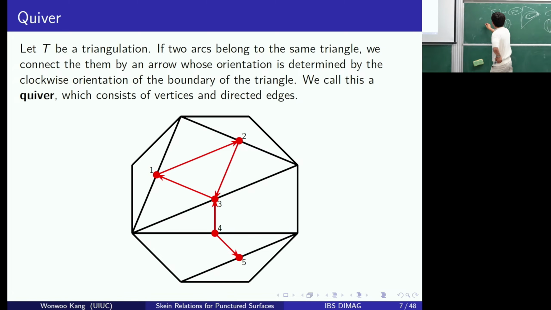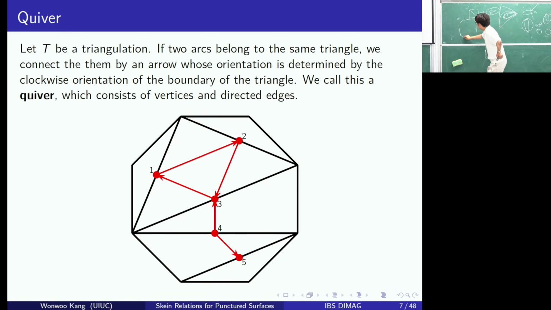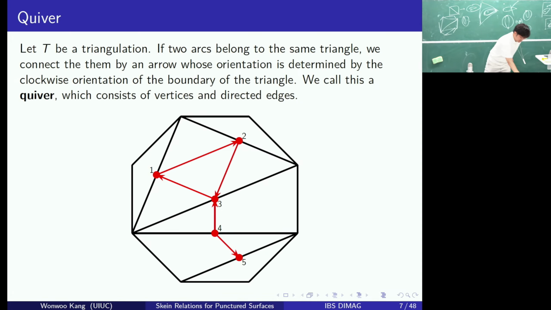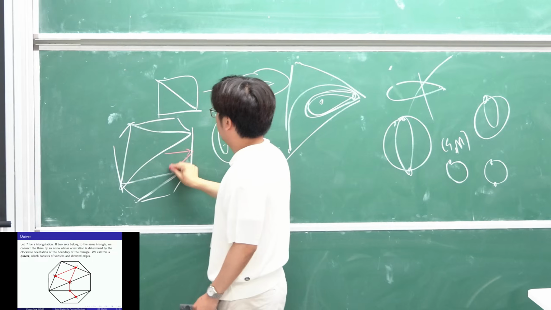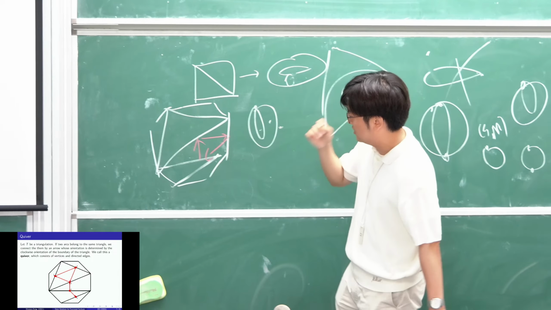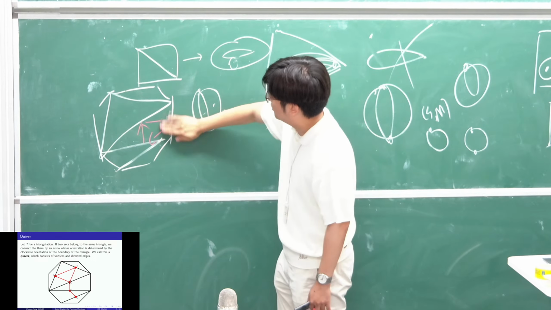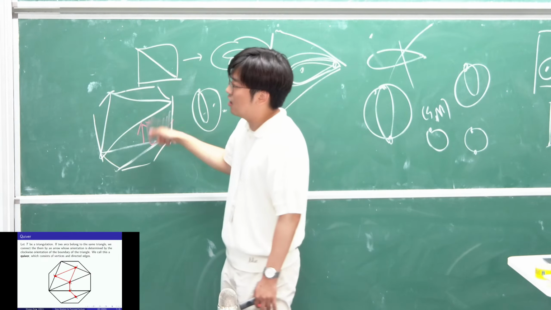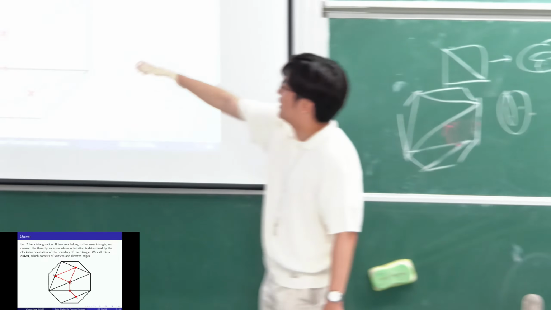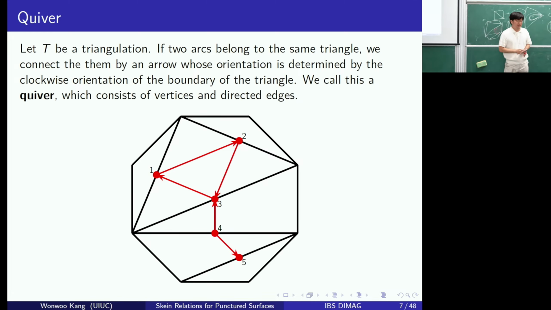So the first step is assigning all the arrows here, but as I mentioned, I don't care about the arrows where the endpoints are on the boundary, so I'm deleting these. I'm only going to care about this one. That's why I only have 5 arrows in this triangulation.